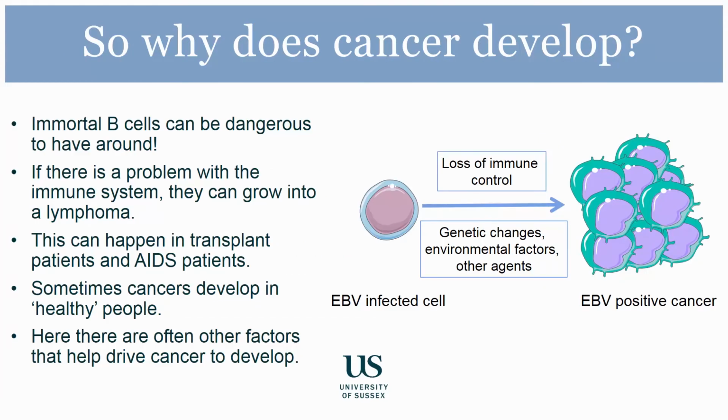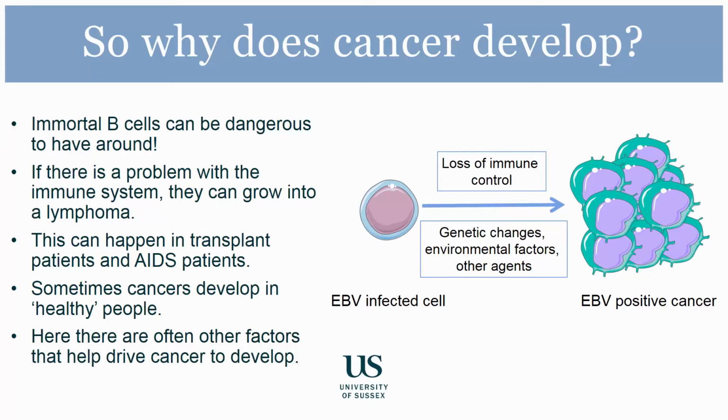Okay, so a little bit more about why does cancer develop. So these cells are in our body, our immune system is destroying them. However, they are dangerous to have around. So if there is a problem with our immune system, they have the capacity to grow into an EBV positive cancer. So any severe, and this is severe loss of immune control. This isn't about just feeling a bit under the weather and our immune system might be being a bit down.